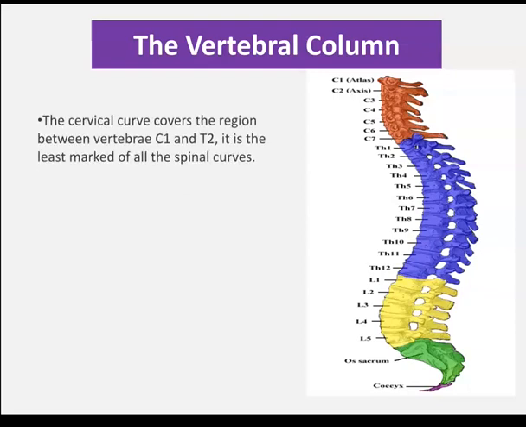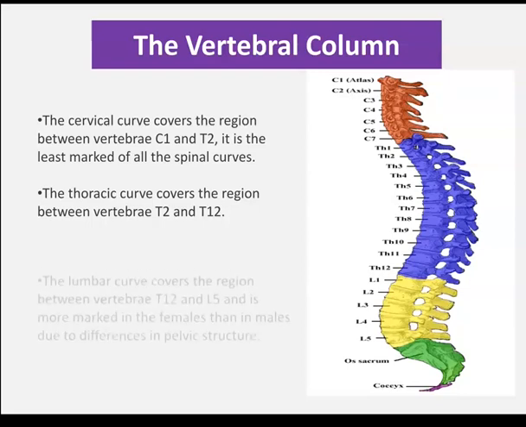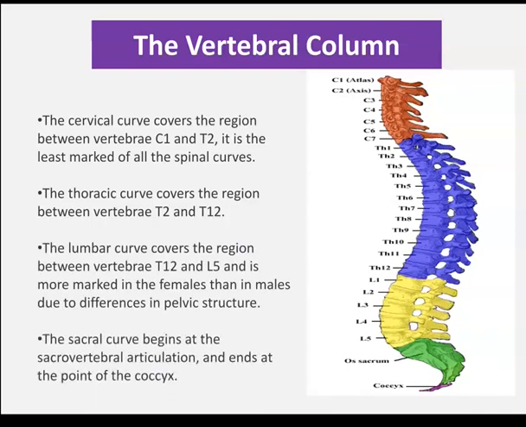Vertebral column is divided into 5 parts. That is, there are some curves. First curve is the cervical curve, that is from C1 vertebra to T2 vertebra. Next part is the thoracic curve, which covers the region between vertebrae T2 and T12, which appears in blue color.